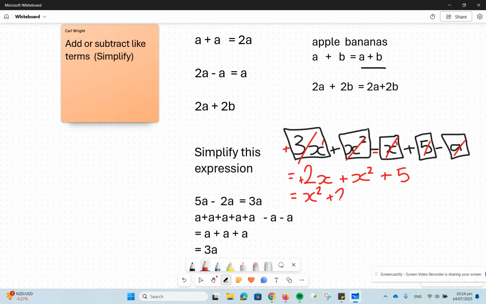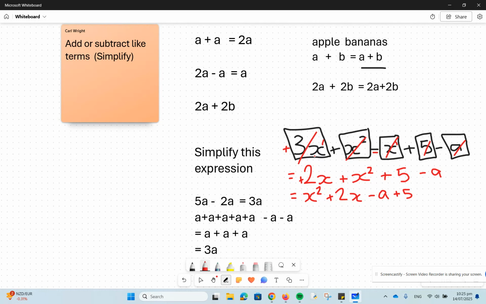Plus 2x, and on the end we have, I forgot the minus a, and a plus 5. Normally I put the numbers with no letters at the end, so I'll do the minus a next, and if it's just a number we either minus or plus it. So that would be the best one we could get to.